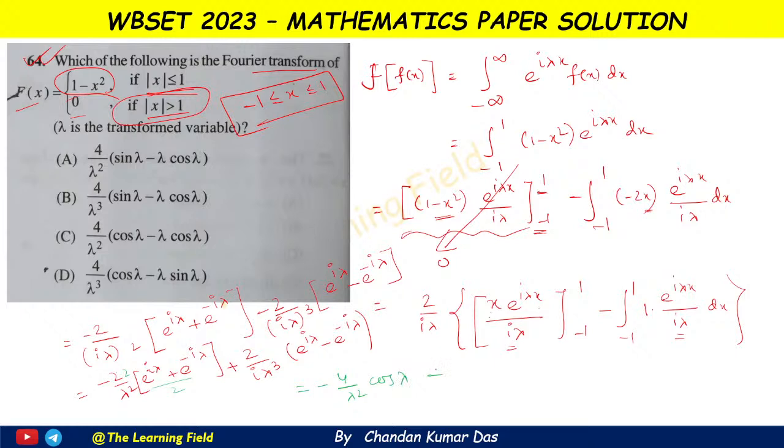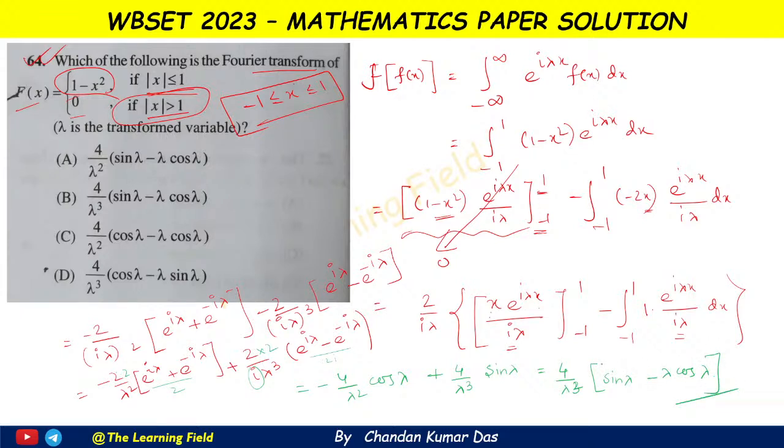Okay, plus simply, and if we give 2i here, and here I already have 1i present, so if we just multiply and divide by 2, we get 2i here, and this gives 4 by lambda cube into sine of lambda. Okay, so if we take common 4 by lambda cube, then we get simply sine lambda minus lambda cos lambda. So this is the final answer.